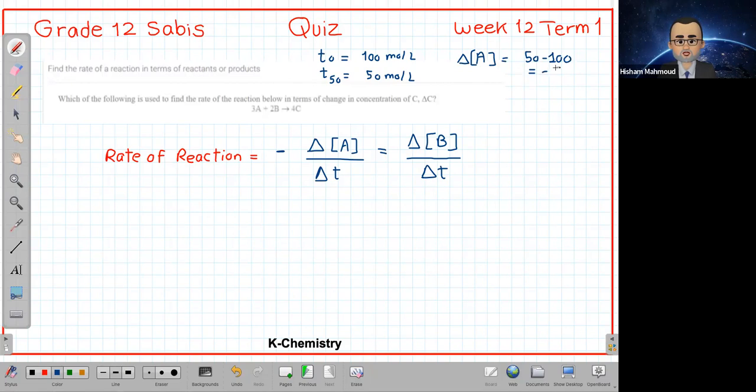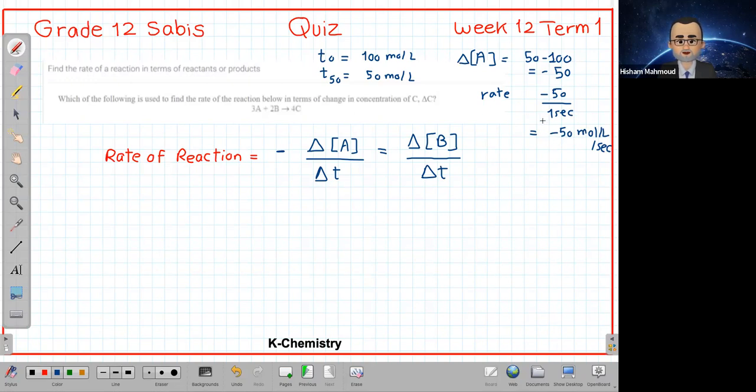This is going to give you a negative 50 value. And if this happened in 1 second, dividing to find the rate per A, you will have to divide this negative 50 by 1 second. So the rate of the consumption of A is negative 50 molar, or mole per liter per second. I will talk about the units now.